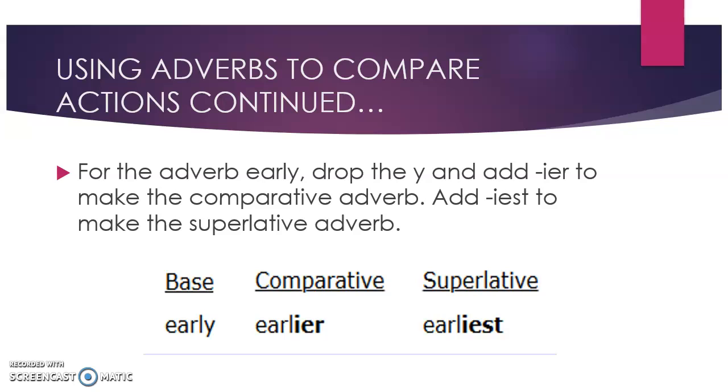For the adverb early, drop the Y and add IER to make the comparative adverb. Add IEST to make the superlative adverb. So for early, if it was comparative, I would say earlier. If it was superlative, I would say earliest.